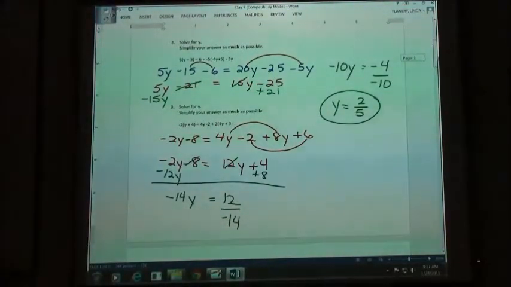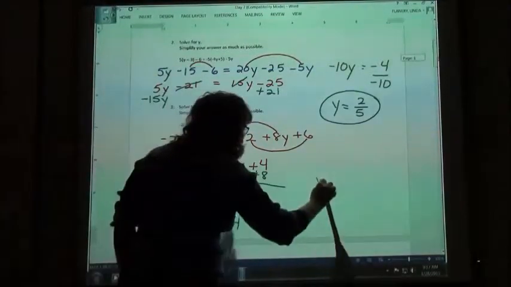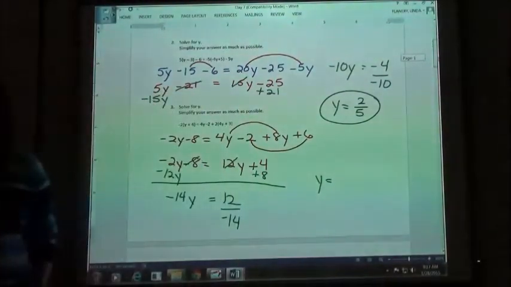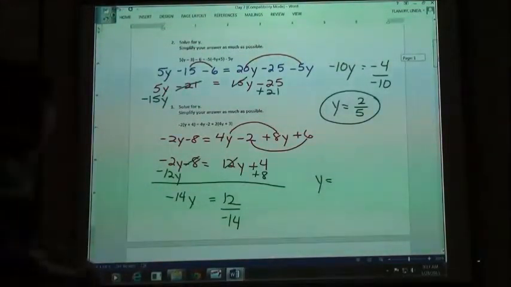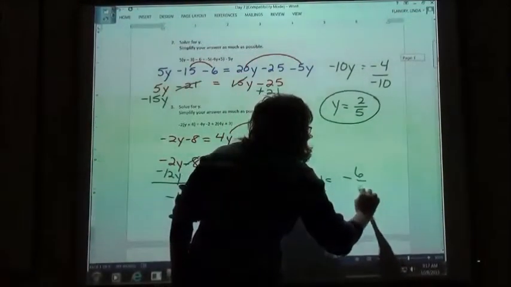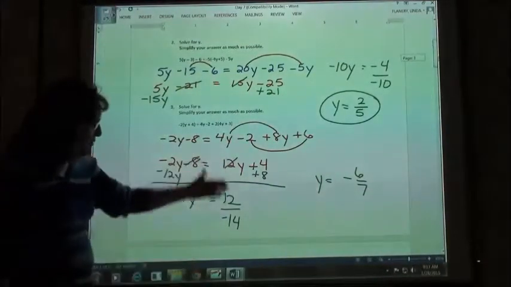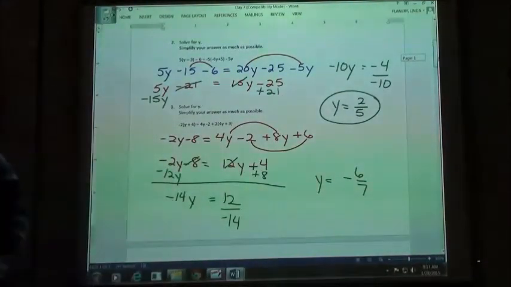And so y is going to equal negative 6/7. So positive over a negative makes the whole fraction negative. We like to put that on the outside instead of on the bottom of our fraction.